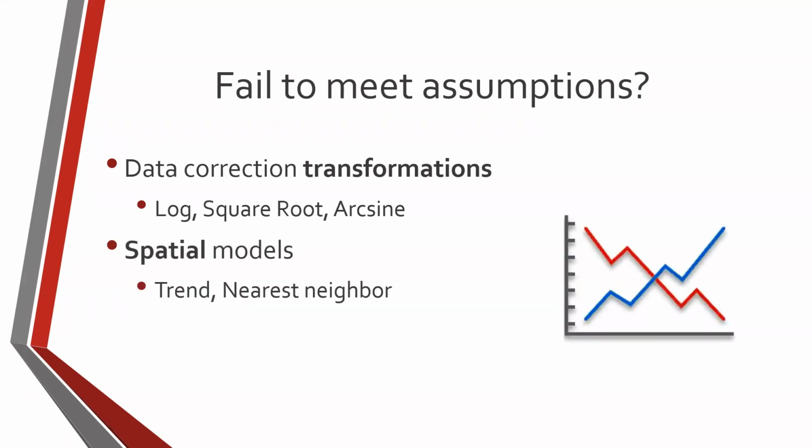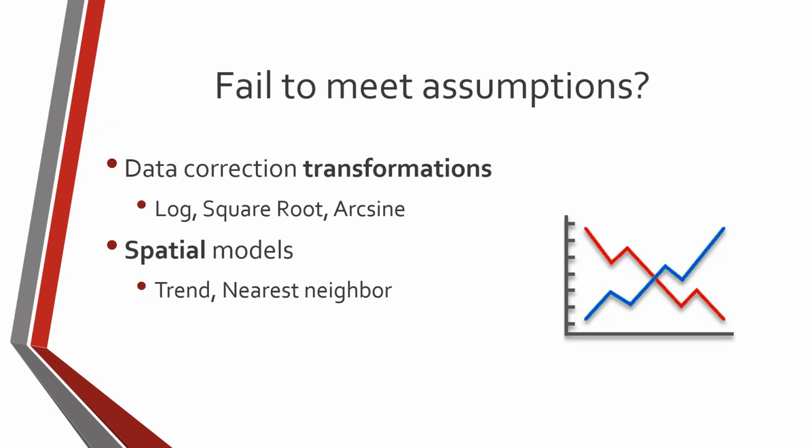Another option for us is spatial models. Those really try to recover information about hidden variables across the field. In ARM, we have 3 different trend and 4 nearest neighbor models that can be used.